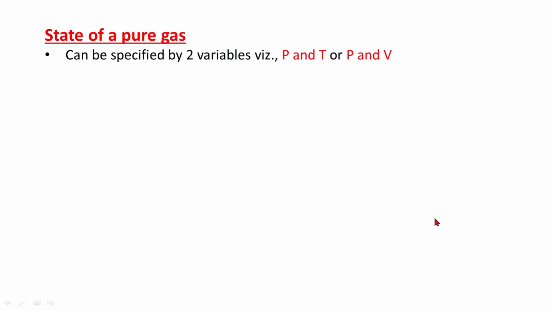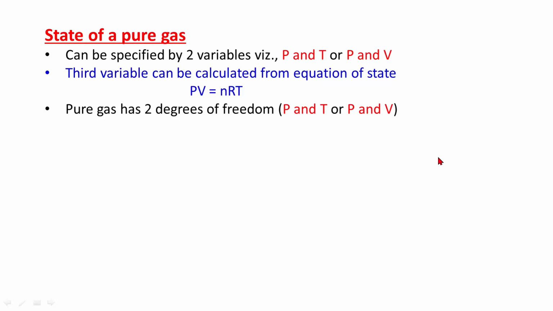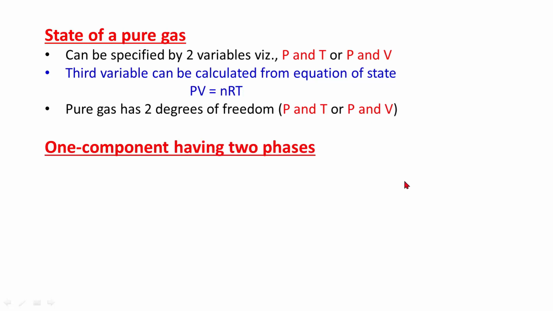State of a pure gas can be specified by two variables, pressure and temperature or pressure and volume. Third variable can be calculated from the equation of state, that is PV is equal to nRT. Pure gas therefore has two degrees of freedom. One component system having two phases. Example is water in equilibrium with water vapor.